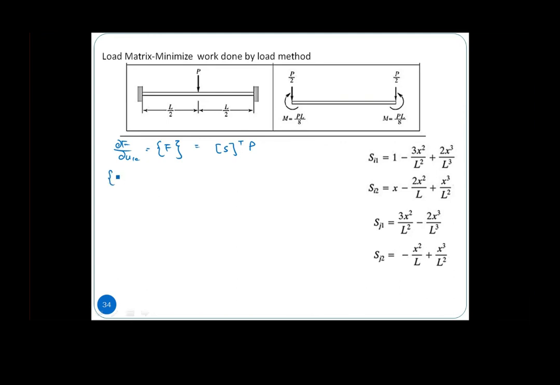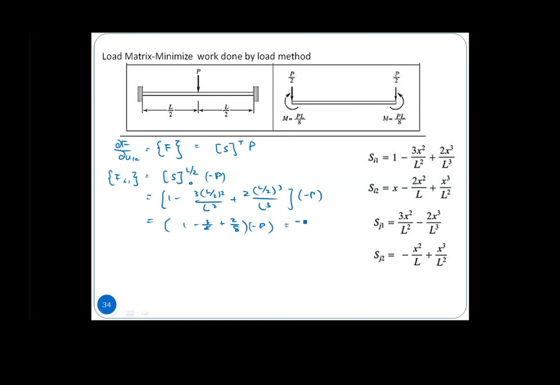So if we want to find Fi1, then what we are doing is our S at L/2 to 0, multiplied with negative p in this case. So I have 1 minus 3 L/2 squared over L squared plus 2 L/2 cubed over L cubed, times negative p. So in the end you will have 1 minus 3 over 4 plus 2 over 8, times negative p, right? So you have negative p over 2.